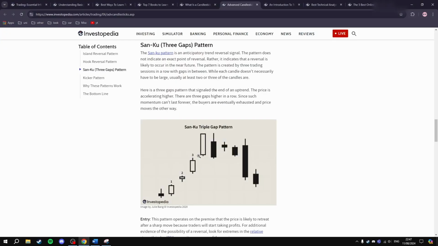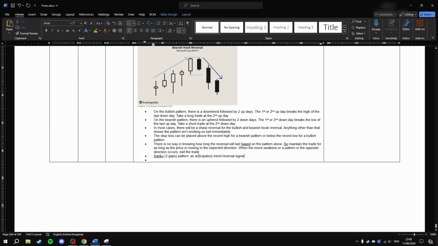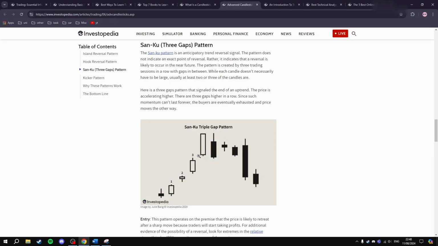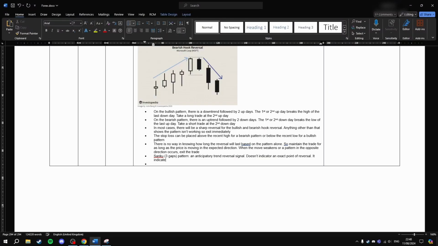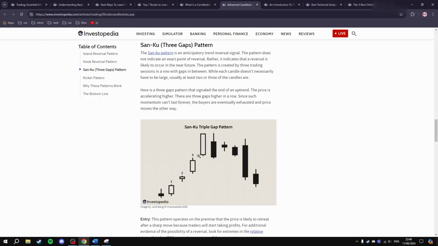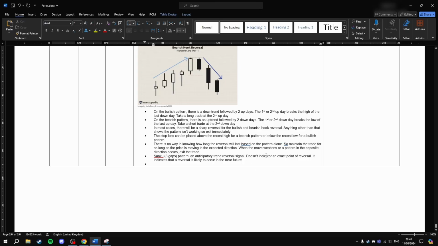The pattern does not indicate an exact point of reversal, rather it indicates that a reversal is likely to occur in the near future.